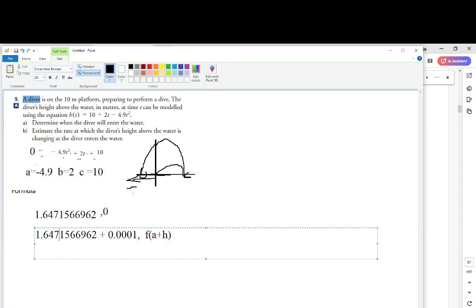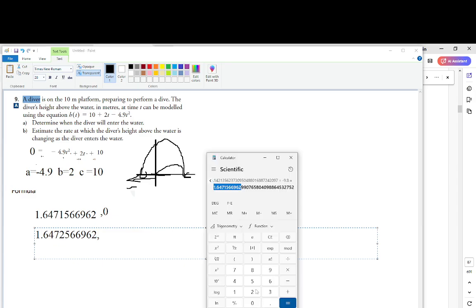I add a 1 to the 4th decimal, so it's right there. That's the time for this. And to figure out the y, we have to plug it into the equation. So I'm going to take the answer I have here and add my h to it, 3 zeros and a 1. And I get the same answer that I had down there.